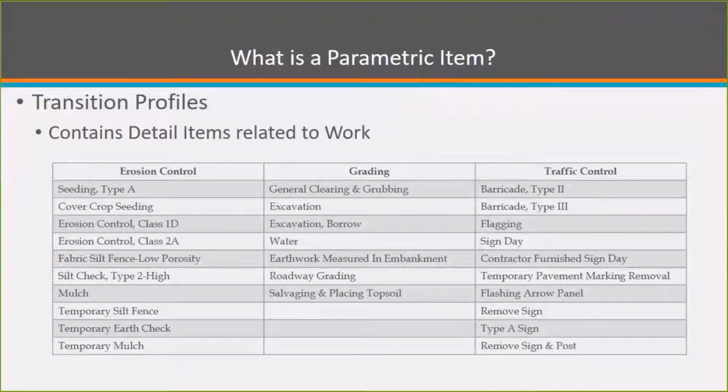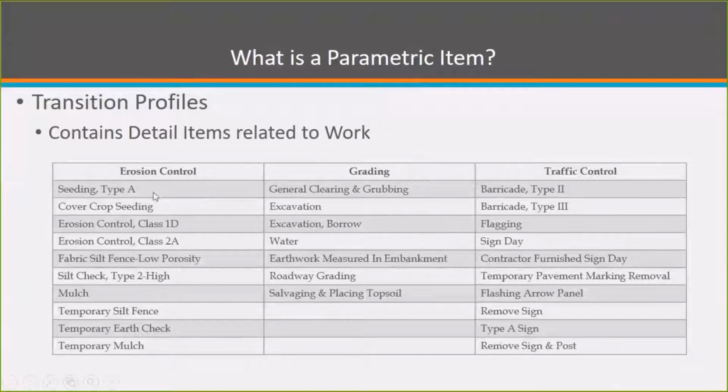Or for every mile of work, our erosion control is 20% of our total cost estimate, but we don't know the exact quantities of all those items that we'll need, or even which items we might need.